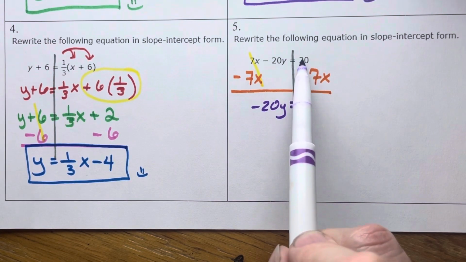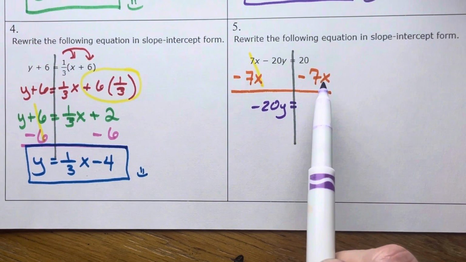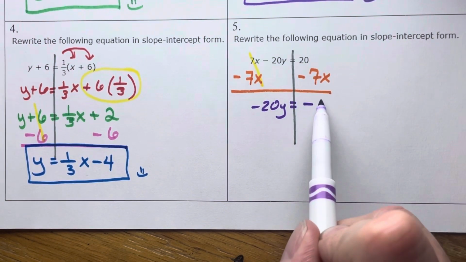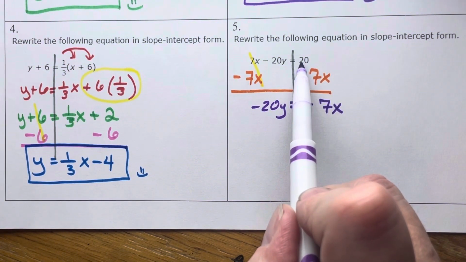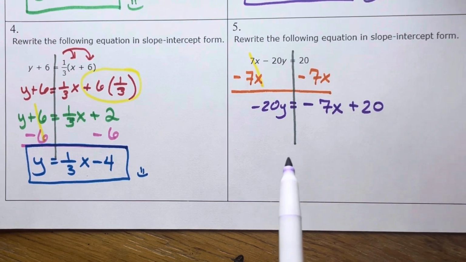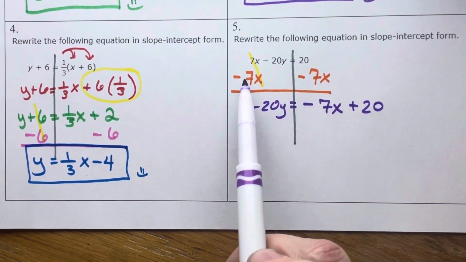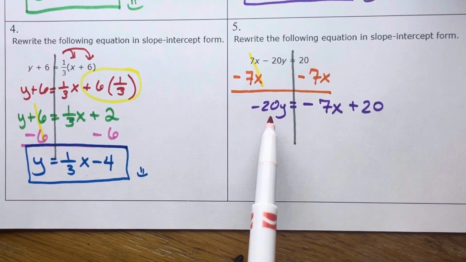Therefore, you cannot combine these to say 20 minus 7 is 13. No, you don't. This is just going to be negative 7x, and our 20 is positive, so we put plus 20. So we have moved the entire x term across the river, and now we are going to get the y all the way alone.